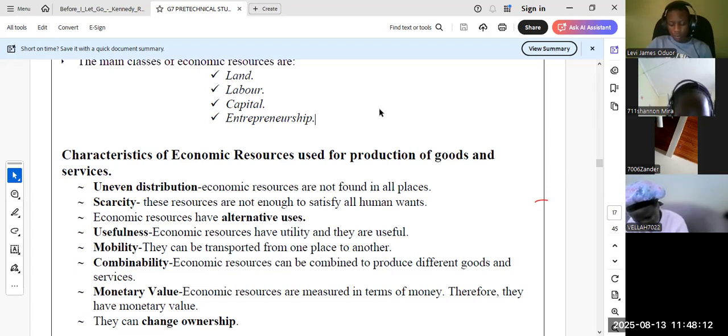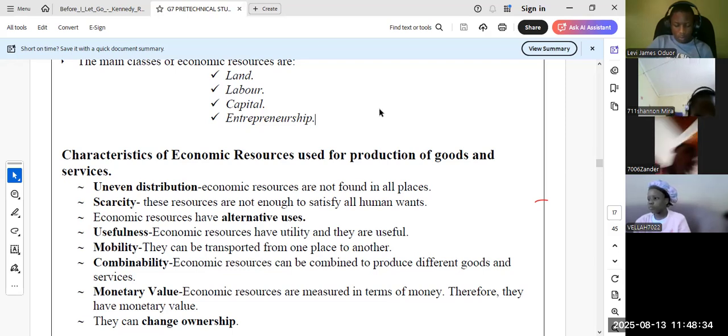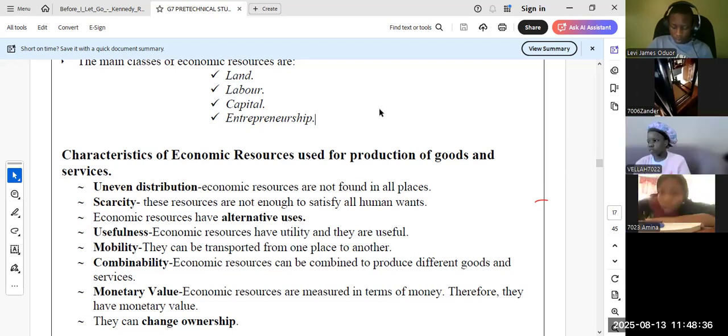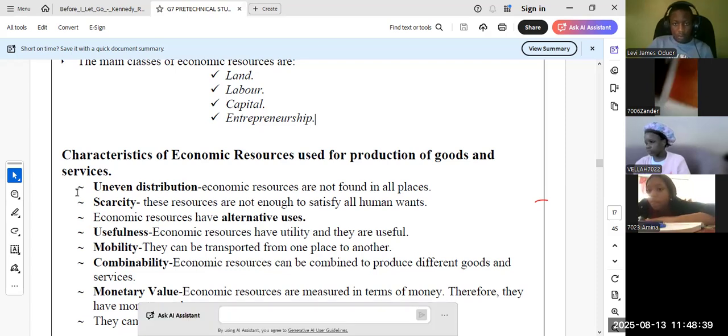Now, let's move to the next characteristic. We are saying usefulness. Shannon, what about usefulness as a characteristic of economic resources? What do you have to say about usefulness? From your screen, what can you read?